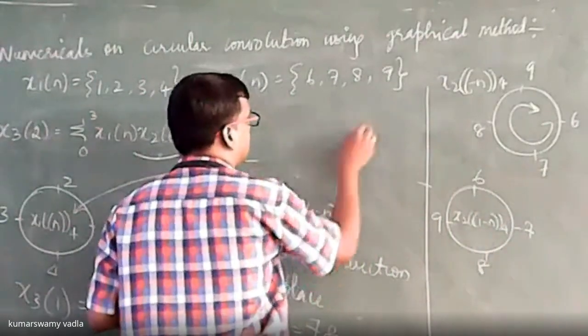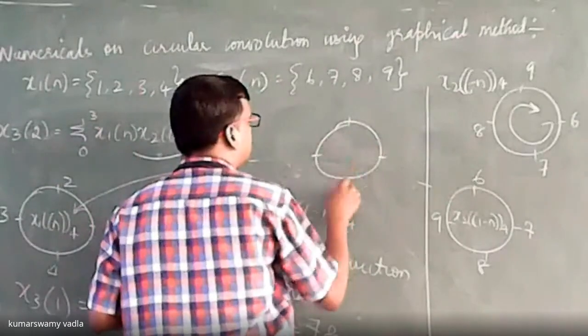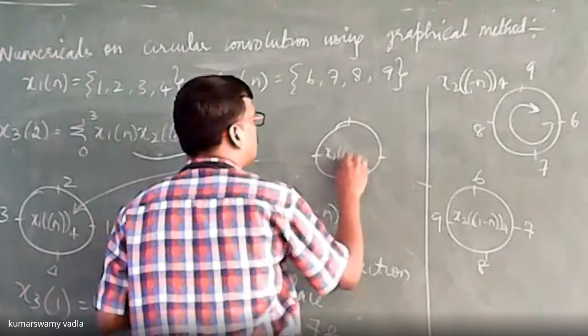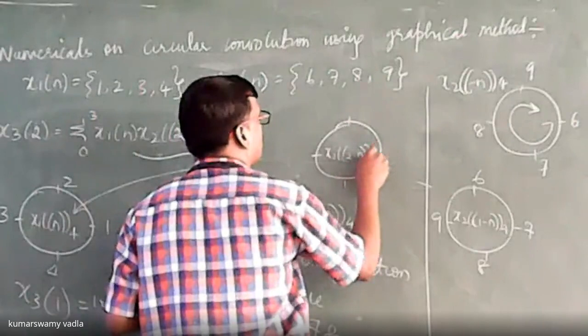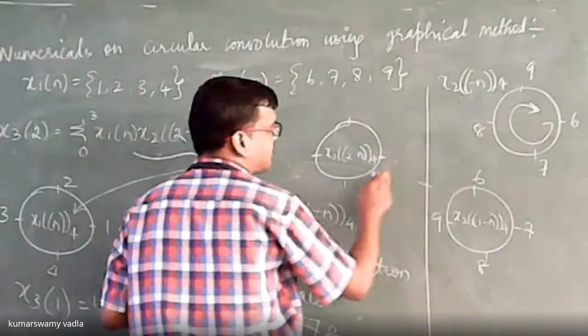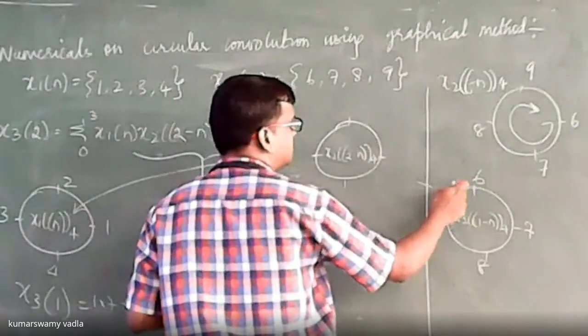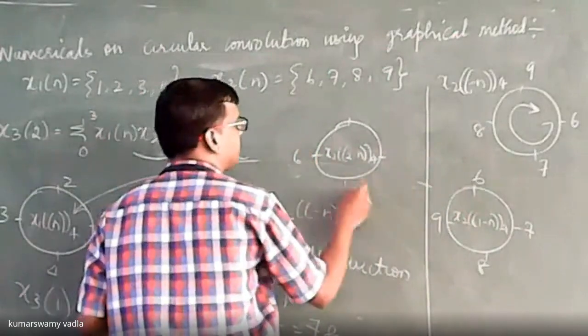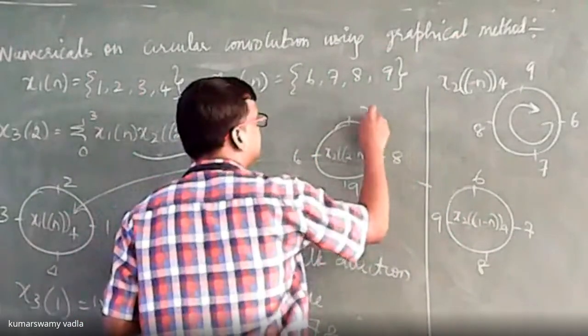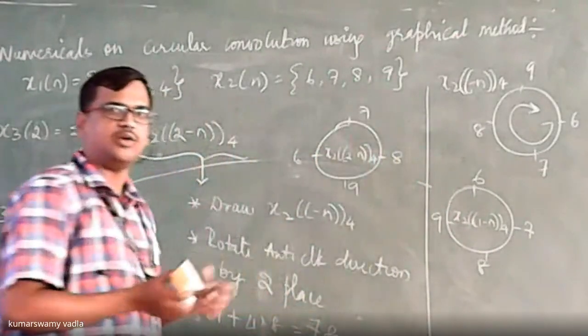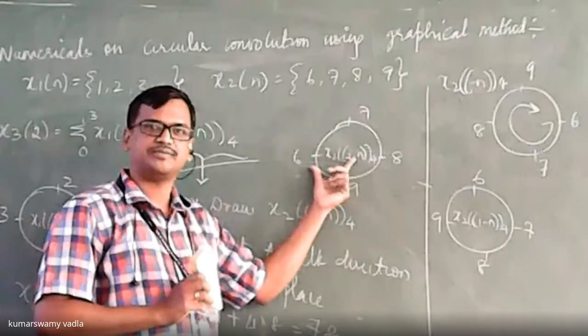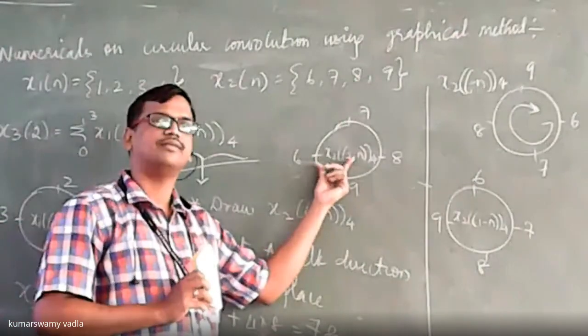Now, to get x2 of 2 minus n of 4, rotate this another time in anti-clockwise: 6, 9, 8, 7. Are you convinced with this diagram, friends?